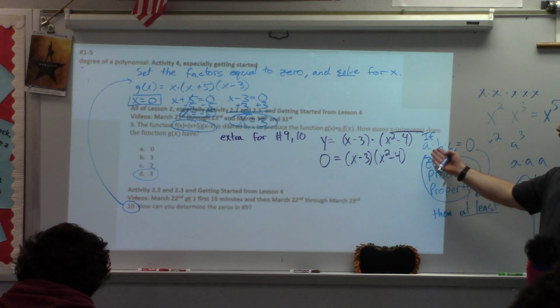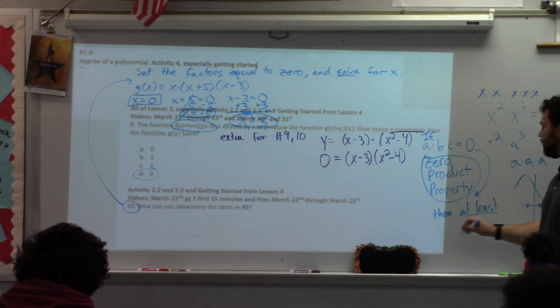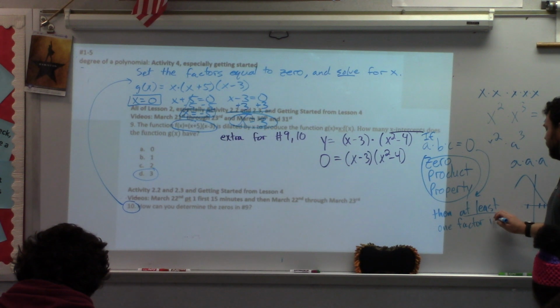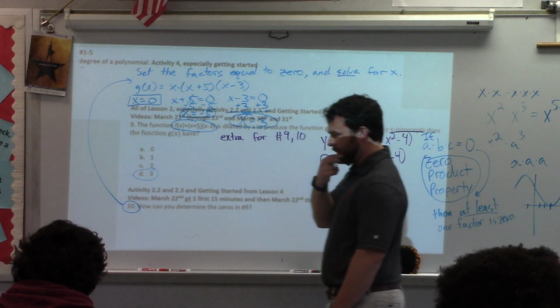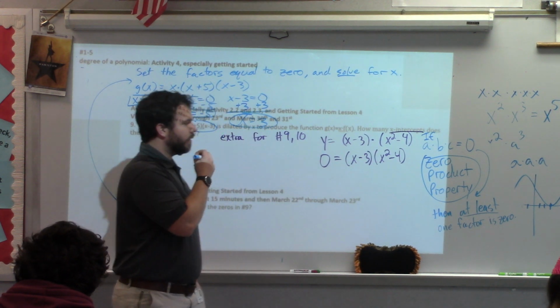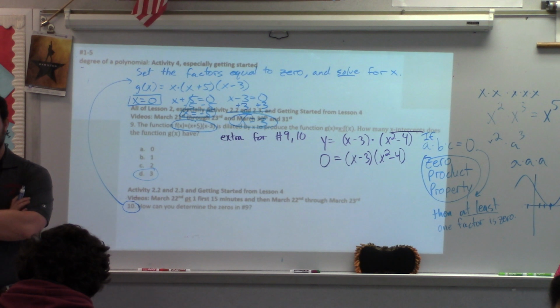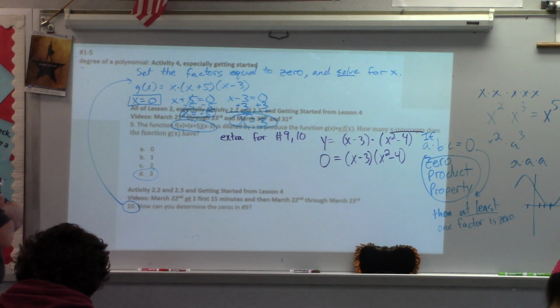Yeah, it could be 5 times 0 times 0. It could be 0 times 0 times 0, right? At least one factor is 0. The zero product property tells us, if we're multiplying factors and they equal 0, at least one of those factors has to be 0.